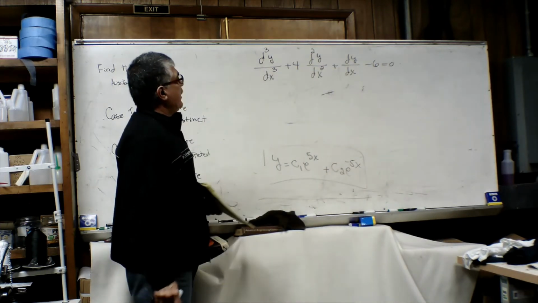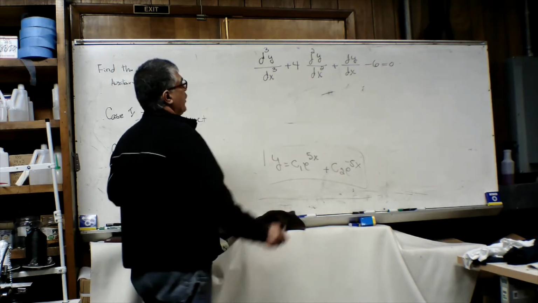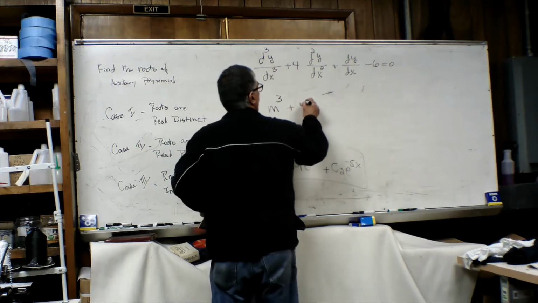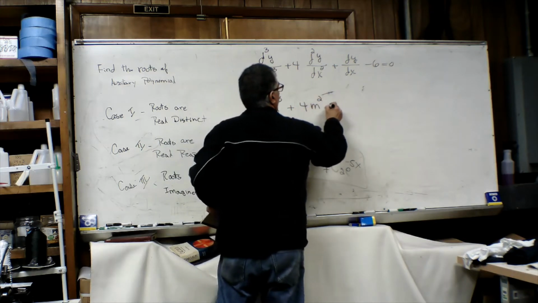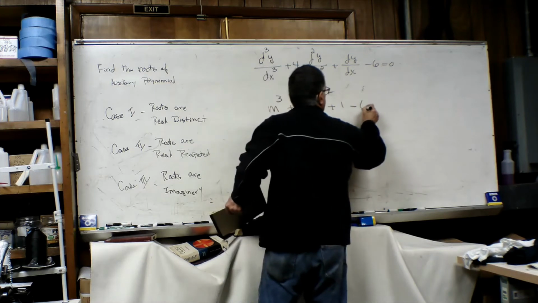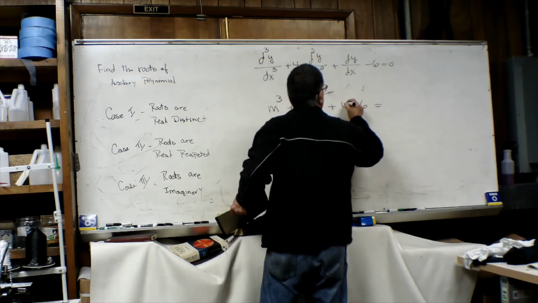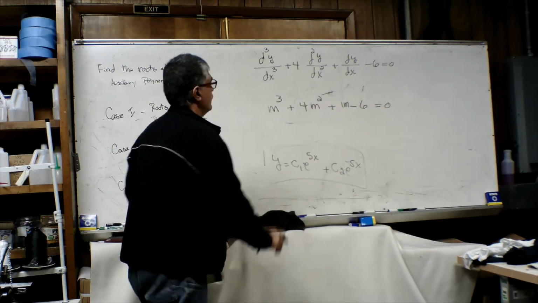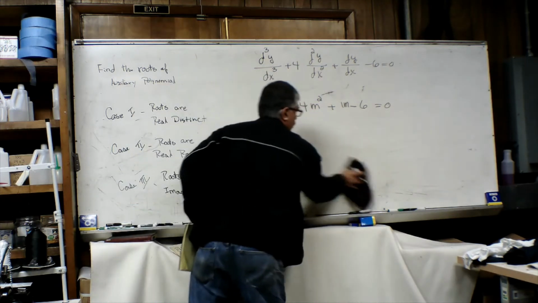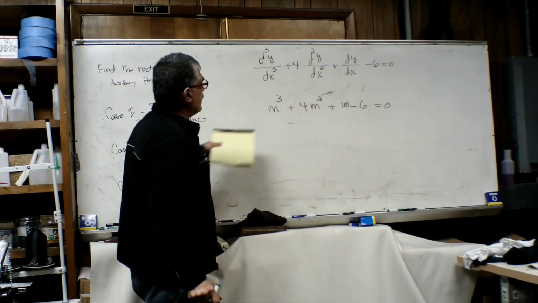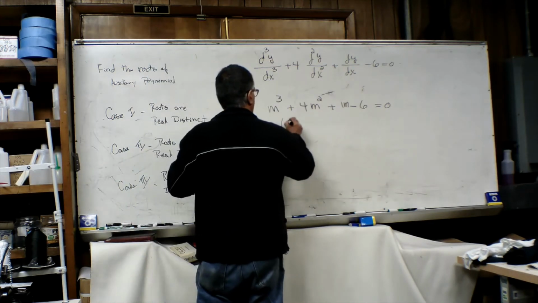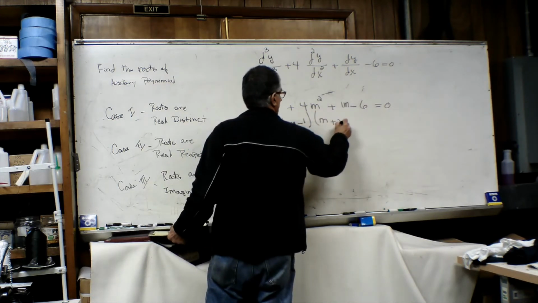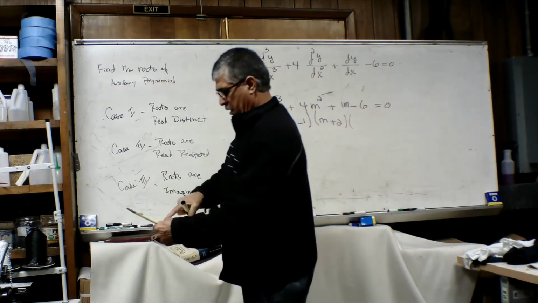So the auxiliary polynomial for this differential equation will be m cubed plus 4m squared plus 1m minus 6 equal to 0. So once we factor this out, we are going to have (m minus 1) times (m plus 2) times (m plus 3).